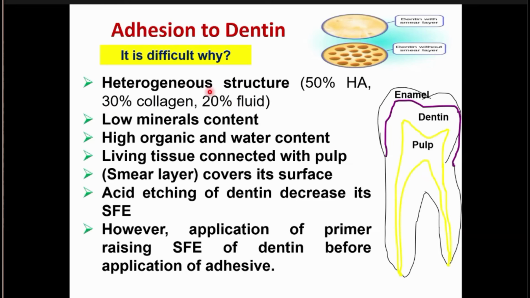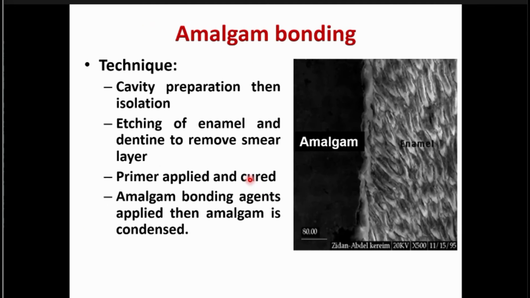Also, we have fluid, dentinal fluid, which can contaminate. Low mineral content, high organic content, smear layer. Therefore, acid etching of dentine also decreases its surface energy. So these are the factors which lead towards weaker bonding with dentine, and we should consider these points.